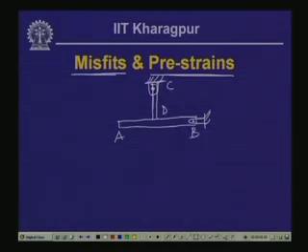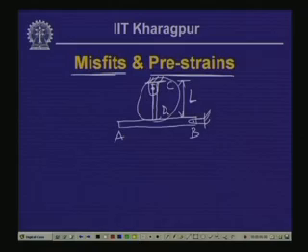Now, if this particular member of the structure, CD, is not exactly the length as it should be, let us call this length L, if this member has some defect and the length is not perfectly L, either it is smaller or larger, then eventually this member is not going to fit in the whole structural system, and this we generally designate as misfit. Of course, many times this misfit is introduced in the system intentionally.